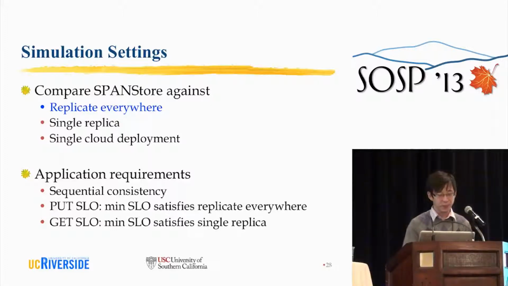So now the replicate everywhere strategy is included in the SPANStore solution space. Then we set the get SLO as the SLO that every data center can reach a common data center. So now the single replica strategy is included in the SPANStore solution space. And we set the SLO as stringent as possible.